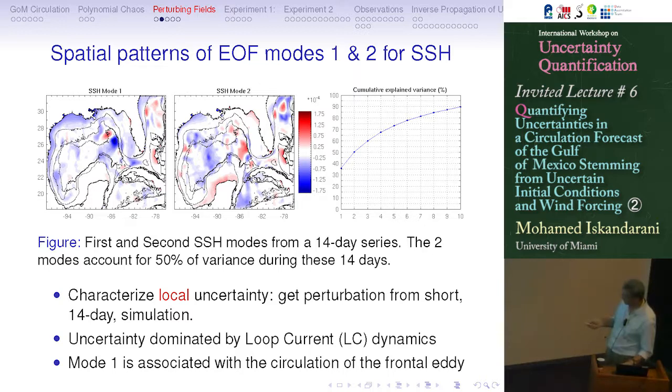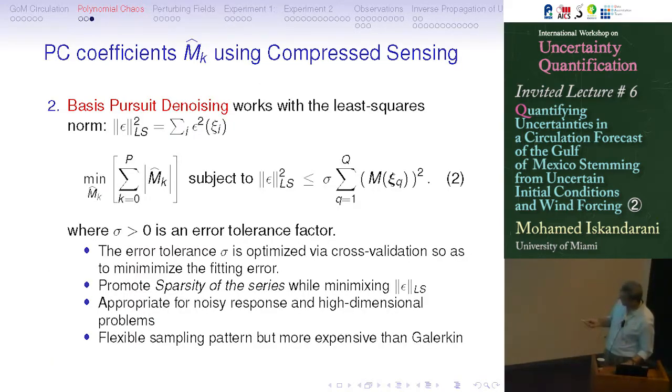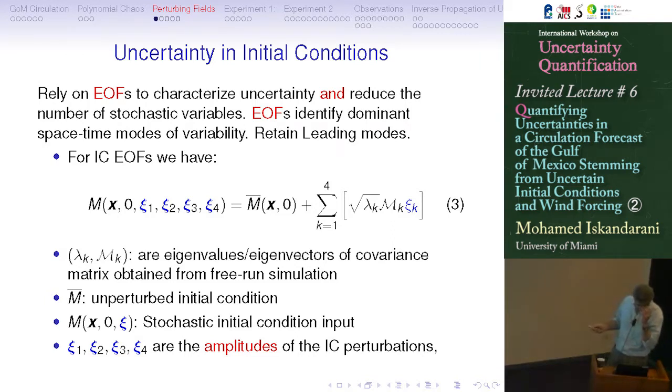Okay. So let's go back to our problem and let's try to identify conditions under which we can find these uncertain inputs that describe the uncertainties. And you've heard this many times before. Essentially, we resort to a singular value decomposition.